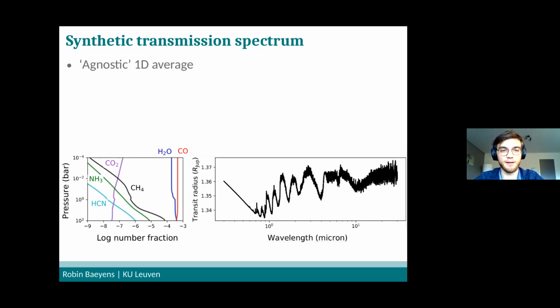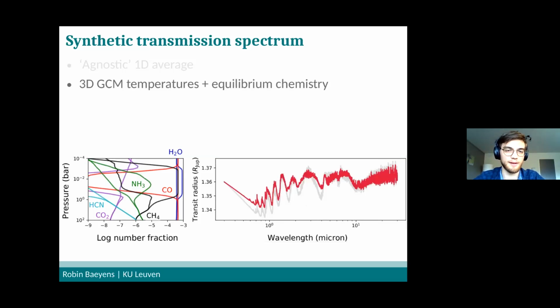Okay, if we then continue to an increasing model complexity level, we can, for example, introduce temperatures that are coming from the climate model and still use equilibrium chemistry. Then you can start to introduce differences between the two limbs, where you have on one hand a cold limb with quite a lot of methane, and on the other hand a hot limb with a lot less methane.